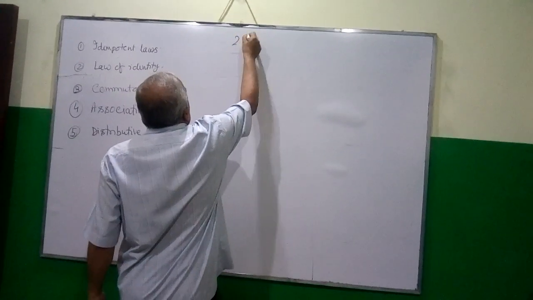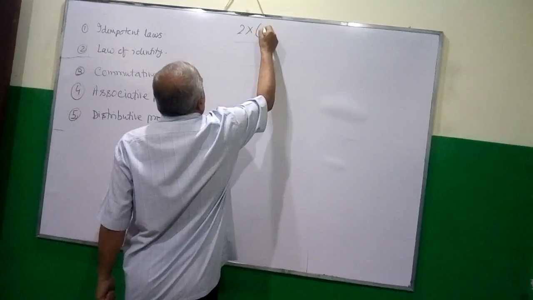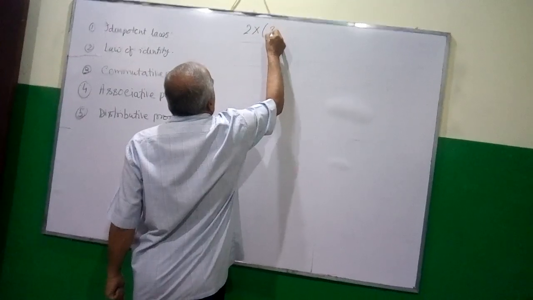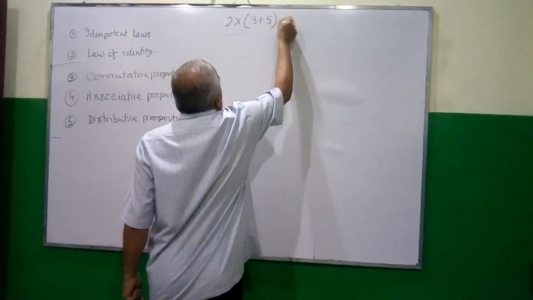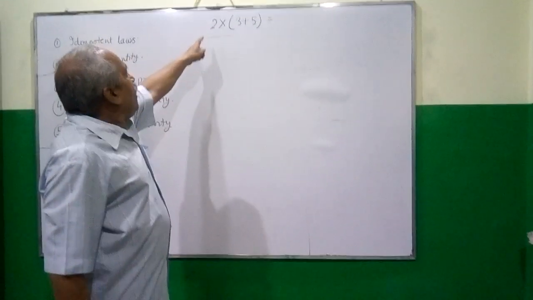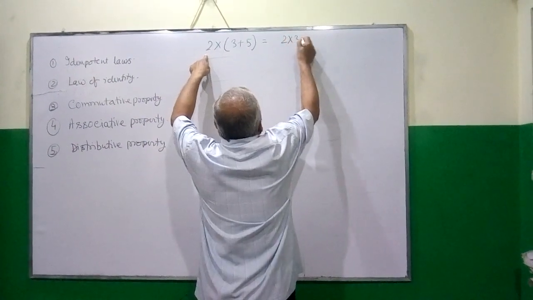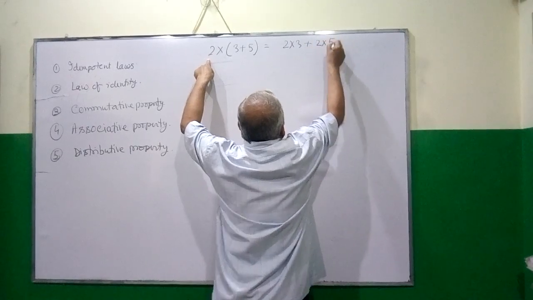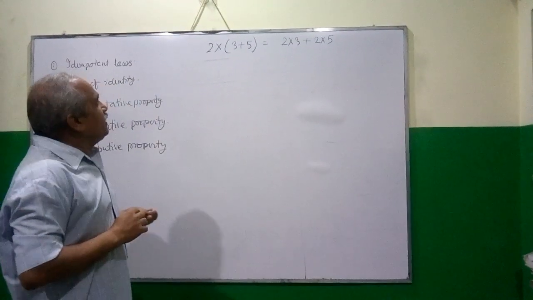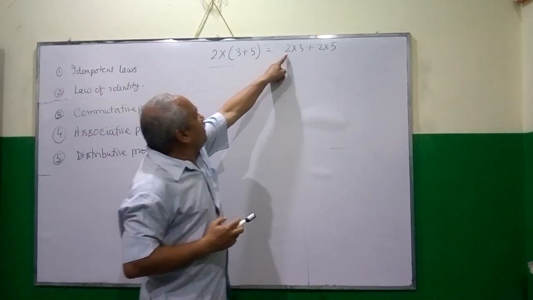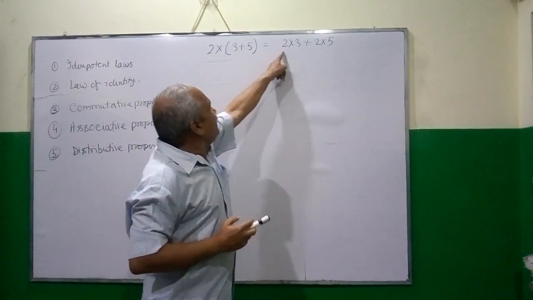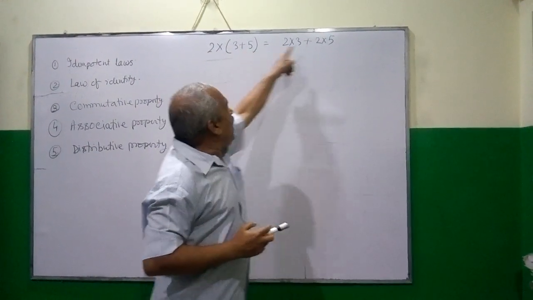For example, you might have seen this type of expression, 2 into (3 plus 5). Then what do we write? 2 into 3 plus 2 into 5. You can see 2 is distributed. 2 is distributed to 3, see here, and 2 is distributed to 5.